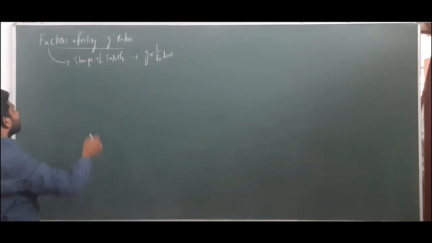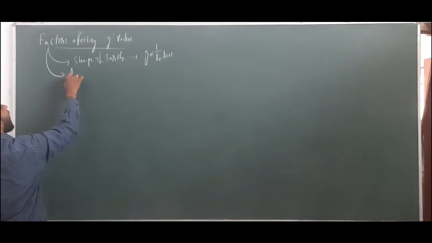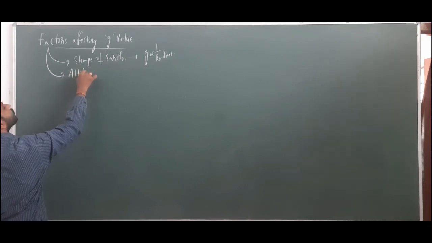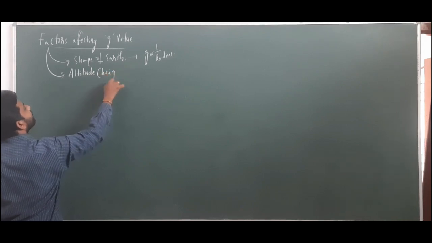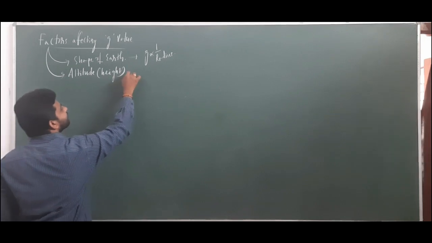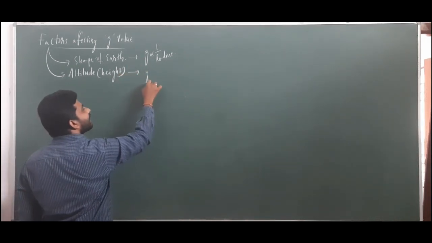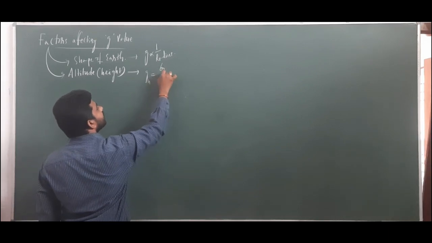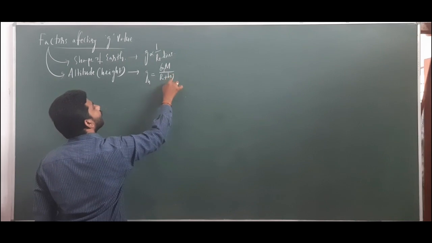Now, the second factor we had already discussed is altitude. Altitude means the height of the body taken from the surface of the earth. In this case, we discussed the formula: acceleration due to gravity at some height is equal to GM by (R plus h) whole square.